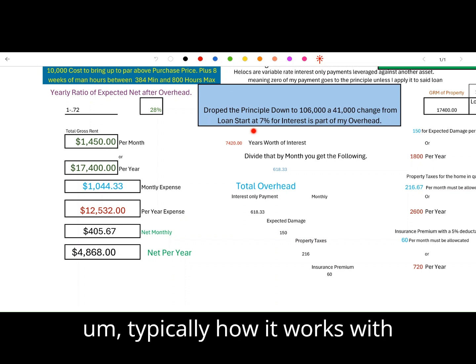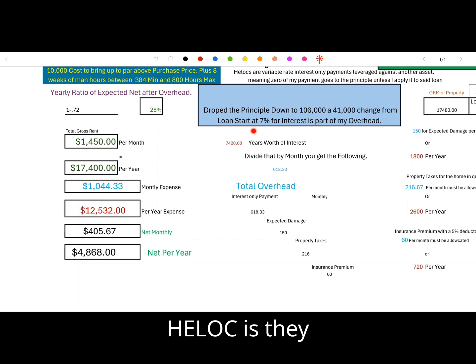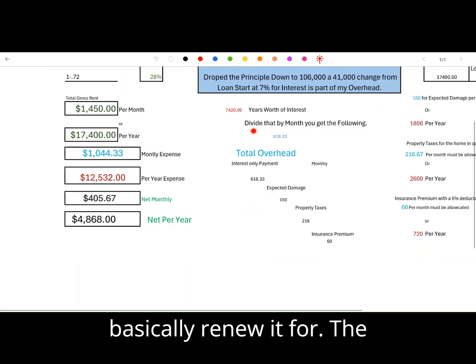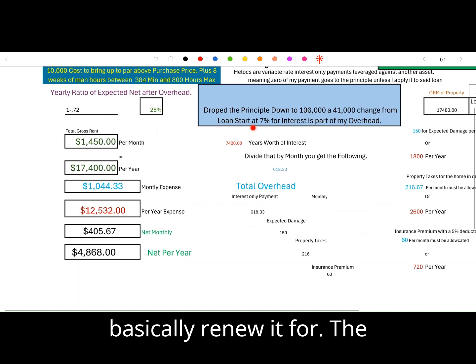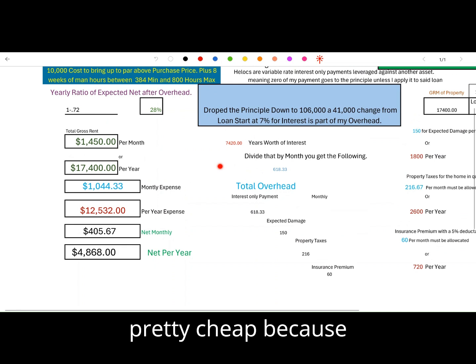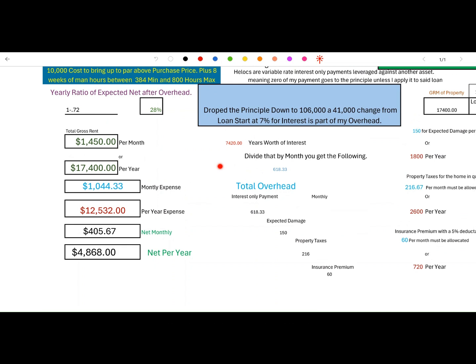But typically how it works with HELOCs is they expire in 10 years, or you basically renew it for the cost of the loan. Usually they're pretty cheap because the loan to value is so low based on the asset.